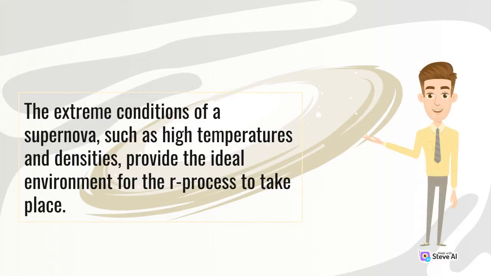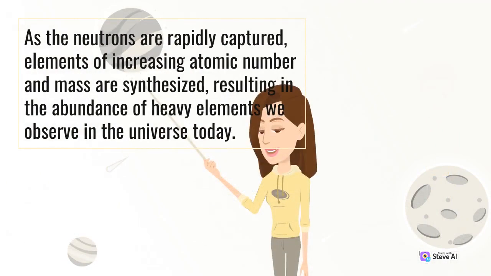The extreme conditions of a supernova, such as high temperatures and densities, provide the ideal environment for the R process to take place. As the neutrons are rapidly captured, elements of increasing atomic number and mass are synthesized, resulting in the abundance of heavy elements we observe in the universe today.